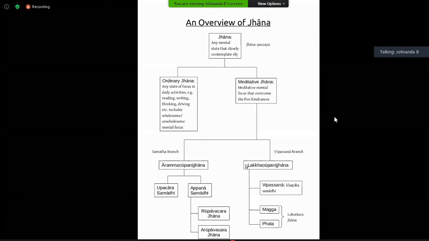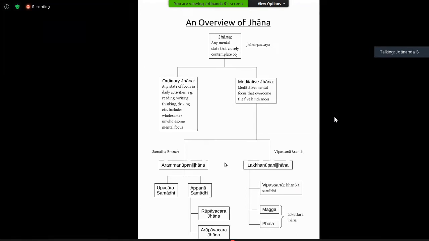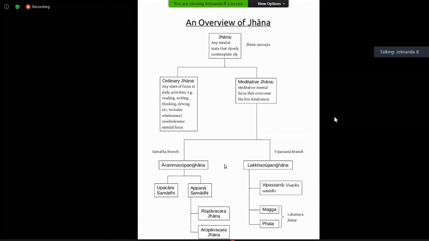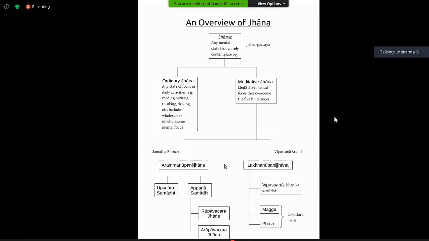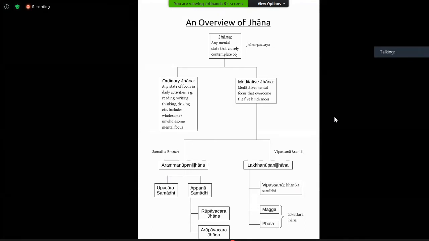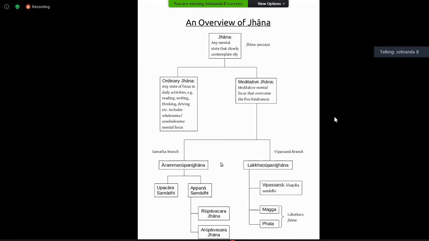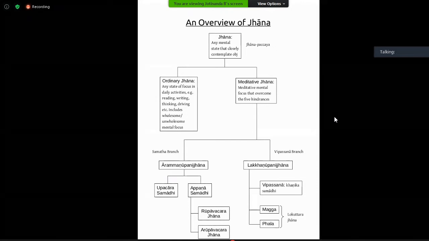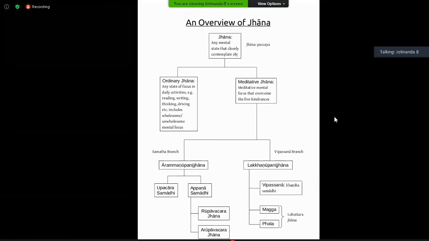Arammana means object. Object here means one of the 40 samatha objects. It can be kasina, brahmavihara, one of the anussatis, recollections, and so on.